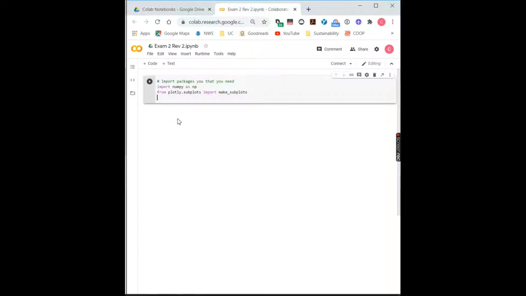We'll use plotly.subplots in order to graph the results. And we use solve_ivp in order to solve the differential equations.